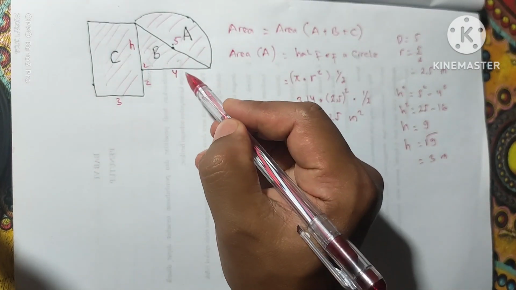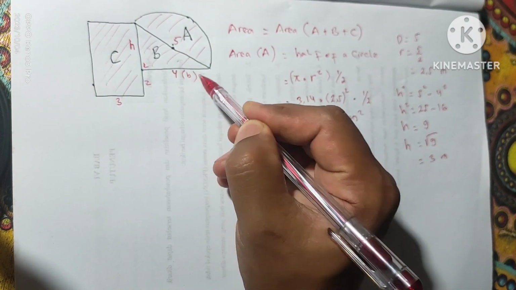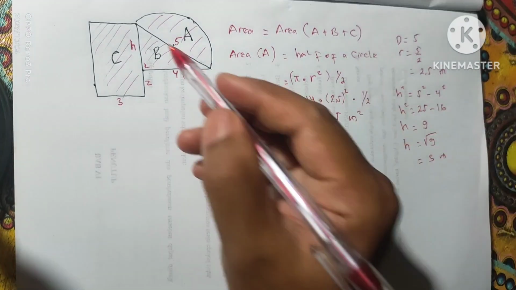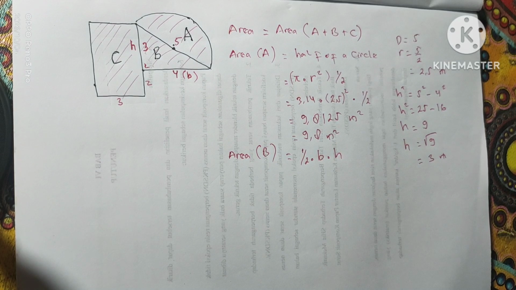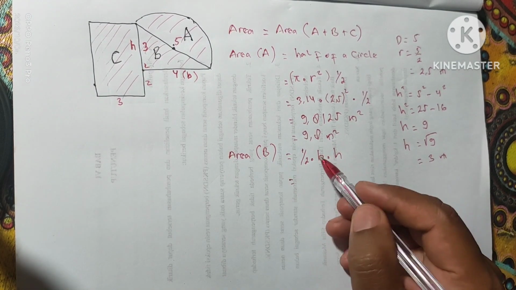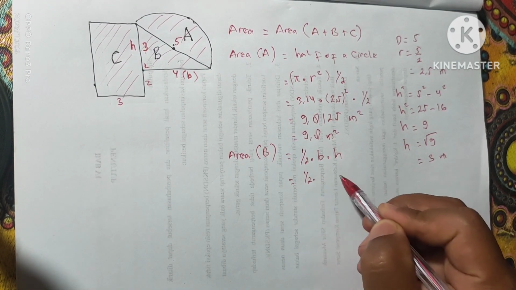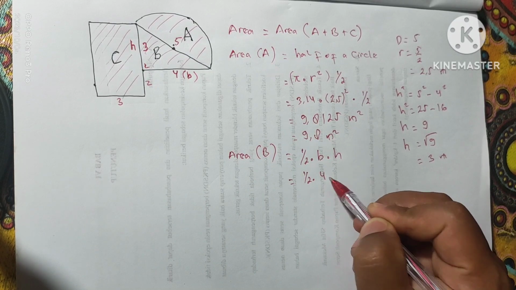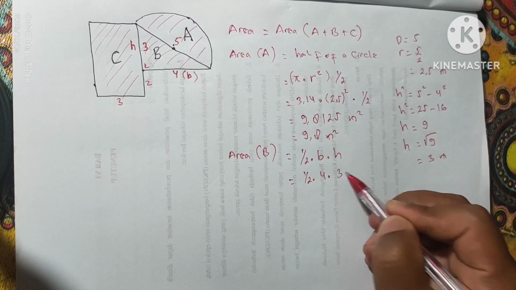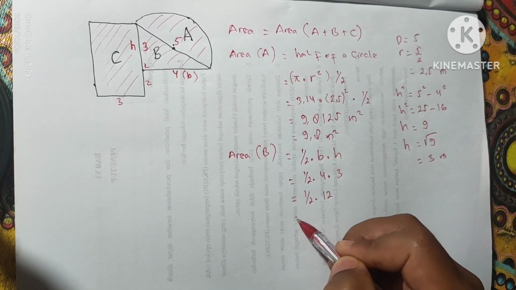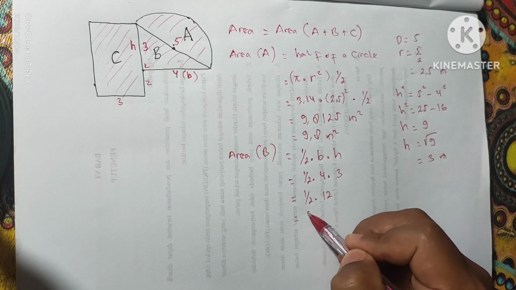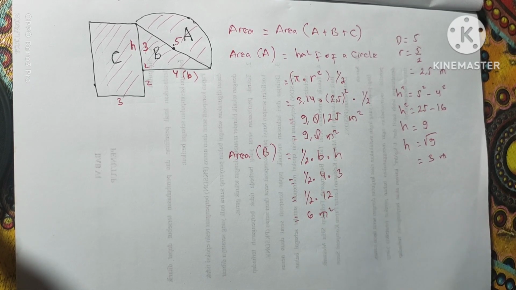The base here is 4, and the height is 3. So the area of part B will be half of 4 times the height 3. So it will be half of 12, and we get 6 square meters. Okay, now we already found the area of B.